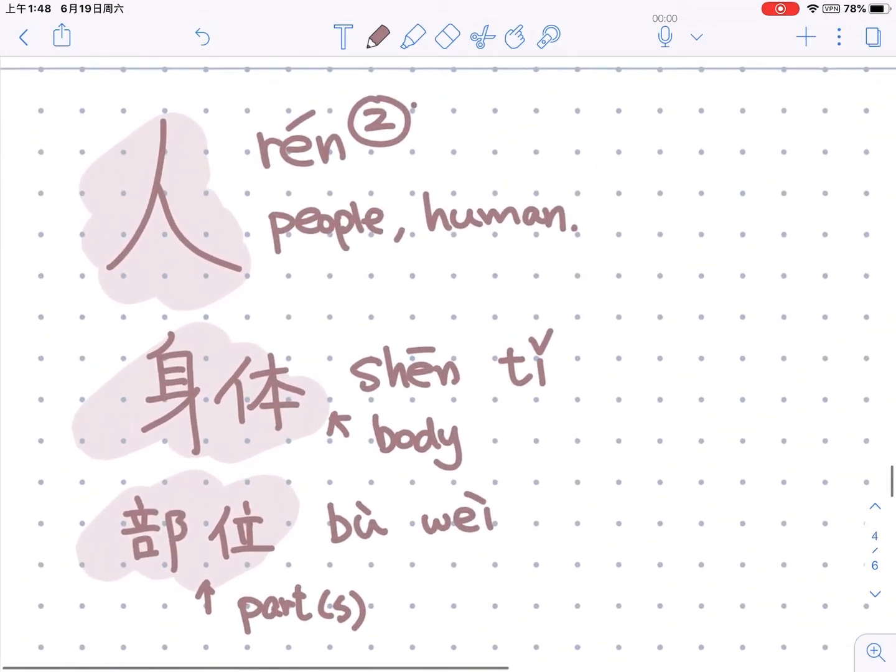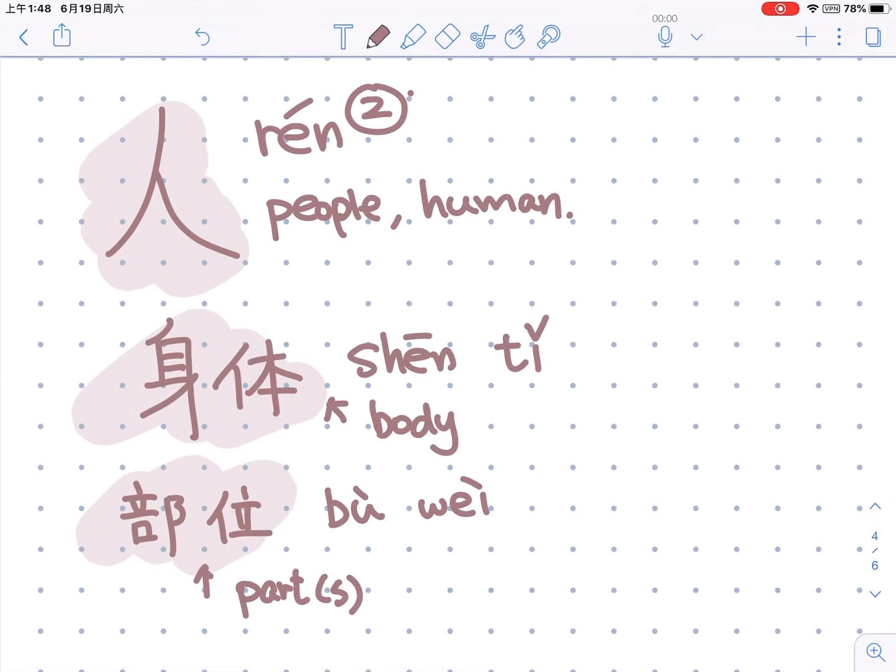Okay, now we know how to say human, body, and part in Chinese, but there is one thing we need to notice. In Chinese, we do not directly connect the two words 人 and 身体, nor 人 and 部位. What does that mean?